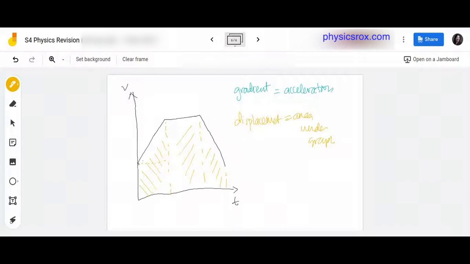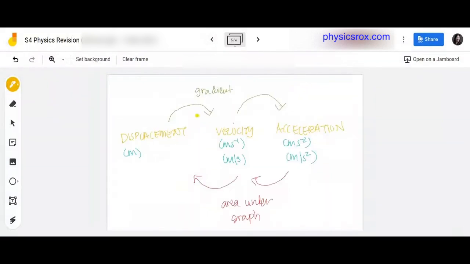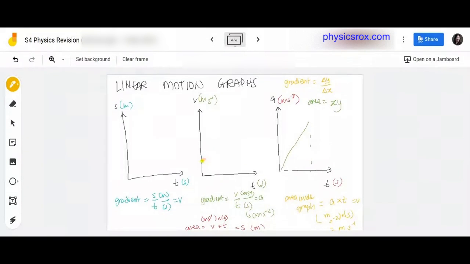Just remember, in general, when I say things like, on slide number 4, gradient equals velocity, everything that you can interpret from the gradient will be the same as that quantity you say it is equal to.